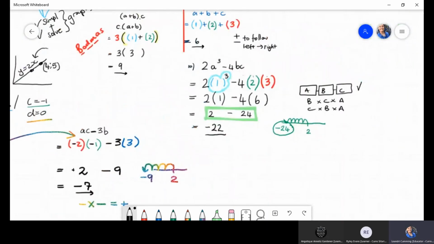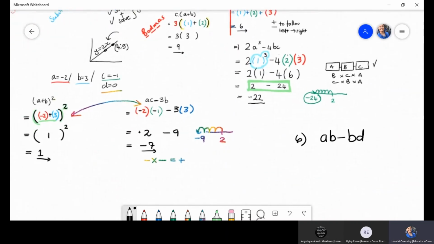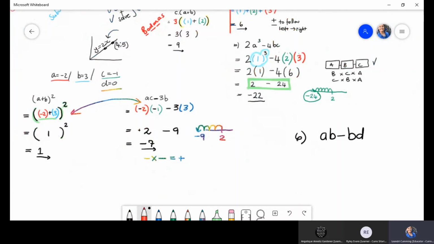Right. Let's look for one where D was also in there, because I want to just check that you guys know what happens with D. Okay, let's do number 6. A, B minus BD. Right. So I have A, which is minus 2.